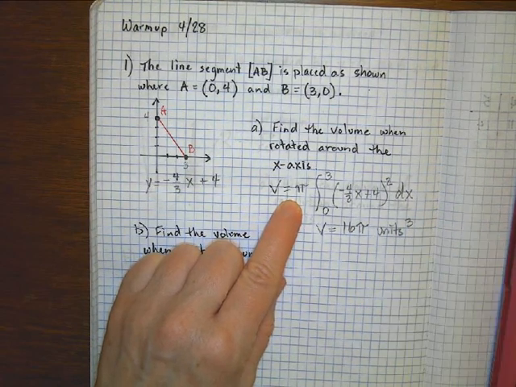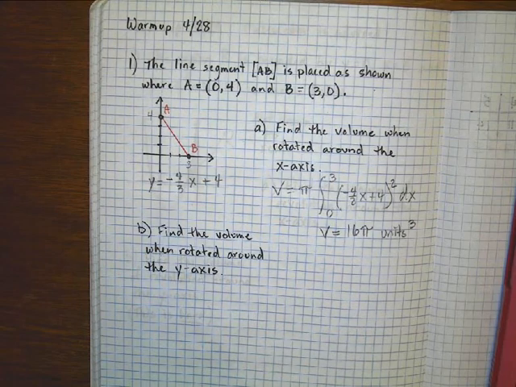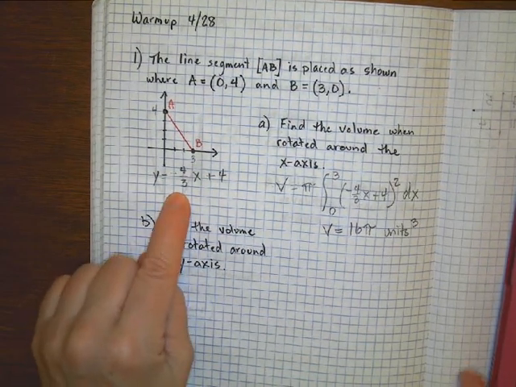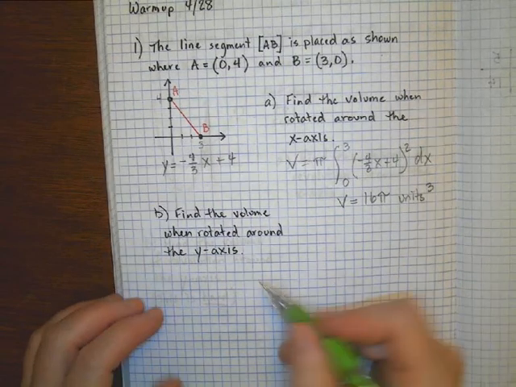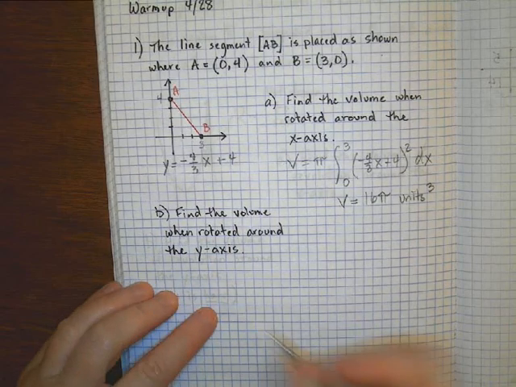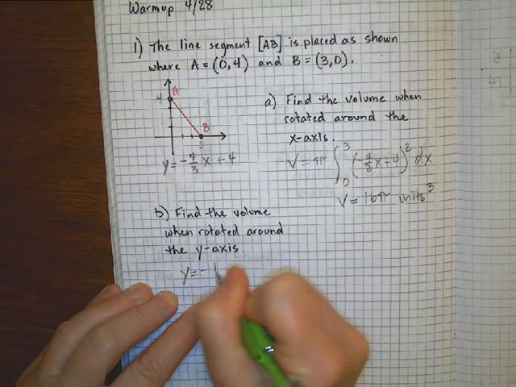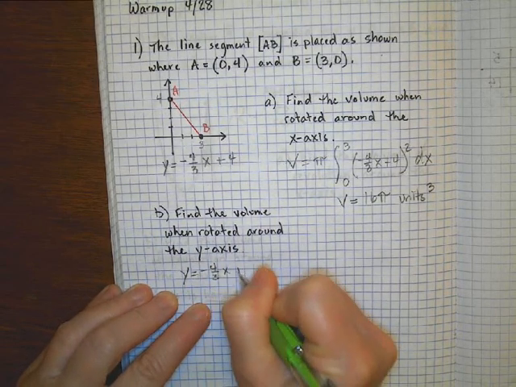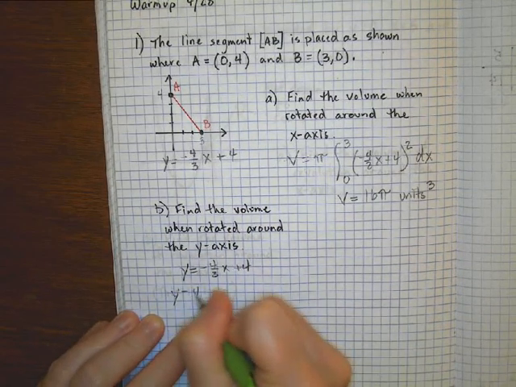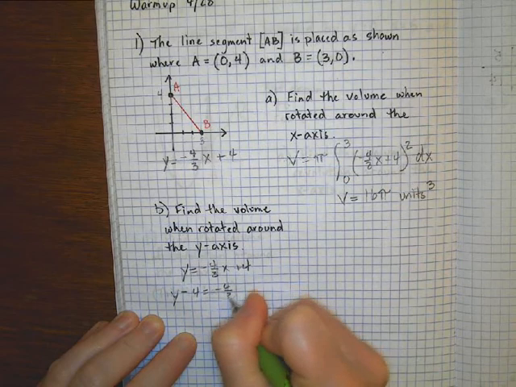There's my volume. Okay, so now I want to do it around the y-axis. So I need to take this equation and solve it for x, because that's what I need to do. All right, so I've got y equals negative 4/3 x plus 4. So I'm going to minus 4 from both sides. Y minus 4 is equal to negative 4/3 x.